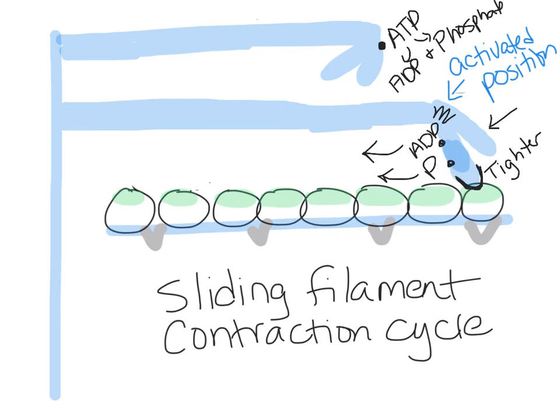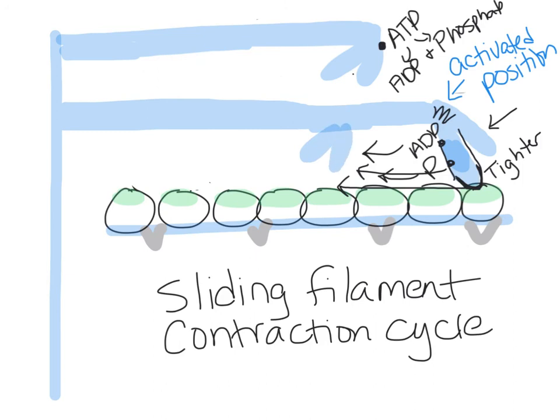When the ADP gets released and that bond is broken, it's going to cause this myosin head that's attached to pivot, and then it will be in this position. So when it does that, it's carrying this actin molecule along with it. Right?